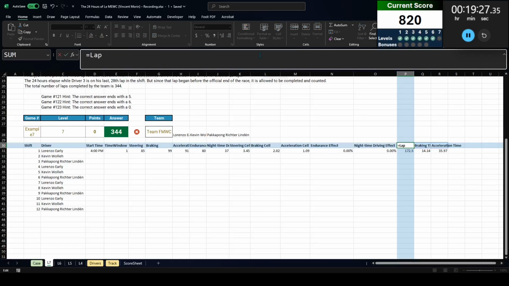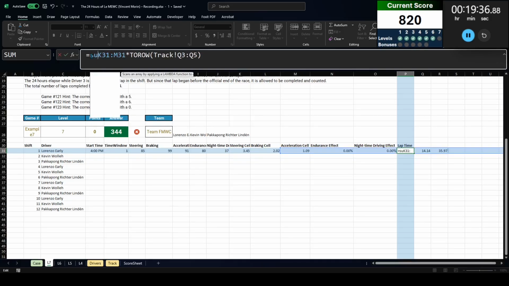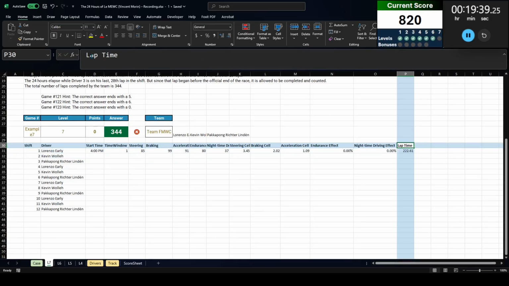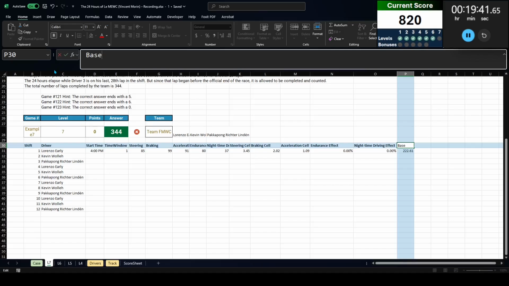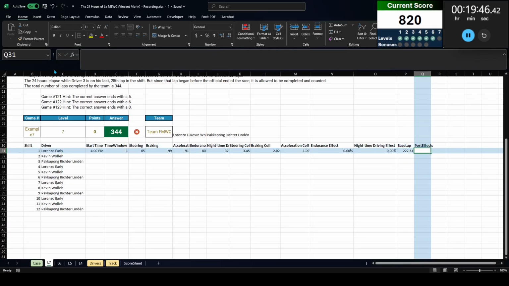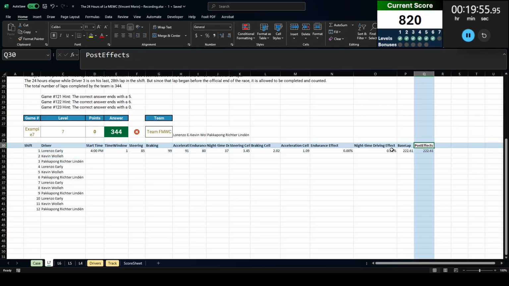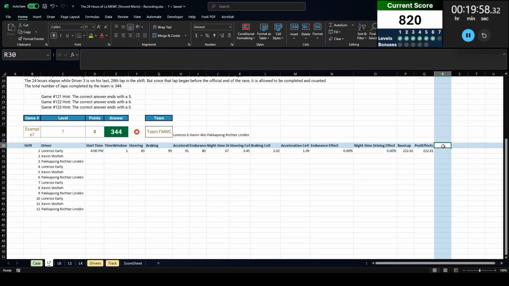I think we just call this lap time. And I think we could just sum this all together. Right, let's call that base lap. And let's call this post effects. And the effects are going to be that times 1 plus your endurance effect times 1 plus your nighttime driving effect. This first driver, it won't matter.